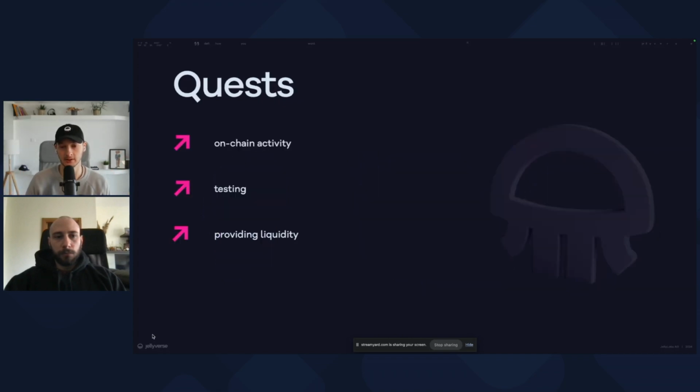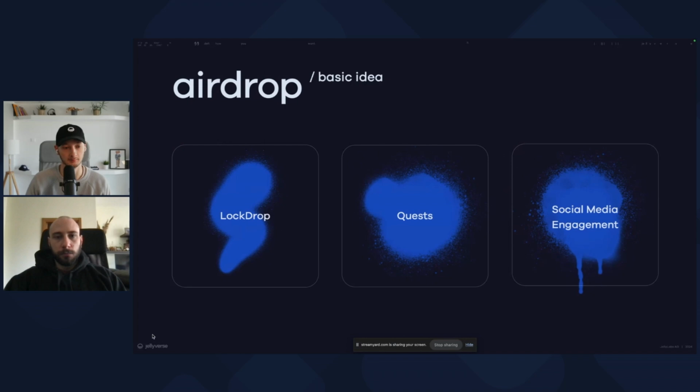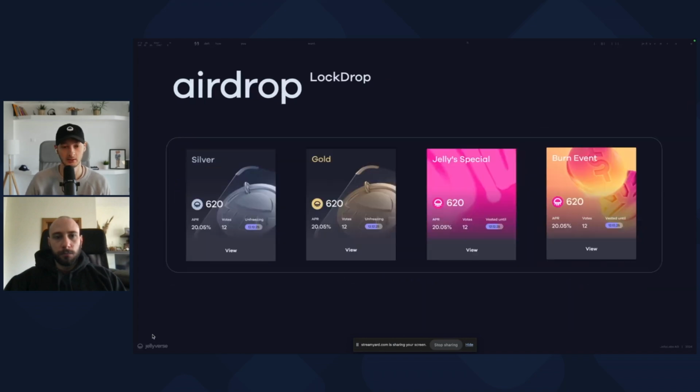And to quickly elaborate what this means, the lock drop is a way in Jellyverse to airdrop Jelly tokens without the Jelly tokens being accessible, or without the Jelly tokens being able to be sold off. Maybe this is a better way of saying it. So the user would get an airdrop, which is basically a staking NFT.